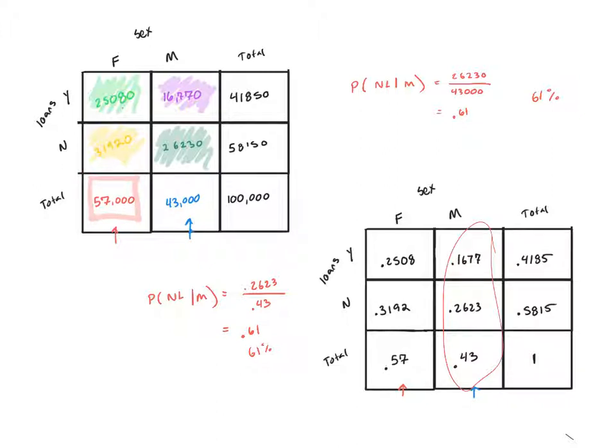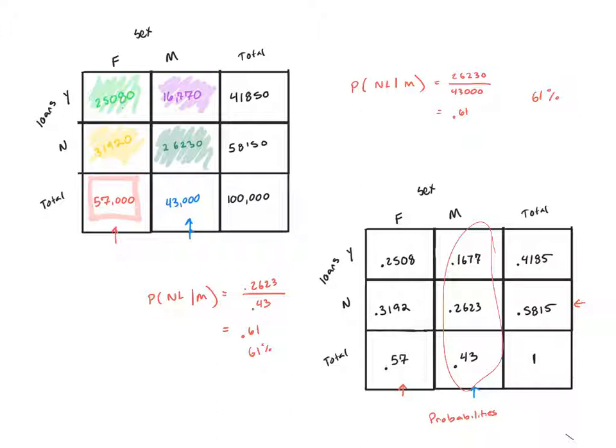The advantage of the table in the top left is I get nice whole numbers. The thing about this bottom table is this contingency table is actually made up of the probabilities themselves. So the probability of the entire thing is 1. Probability someone does not take out any loans in total is 0.5815 or 58.15%.